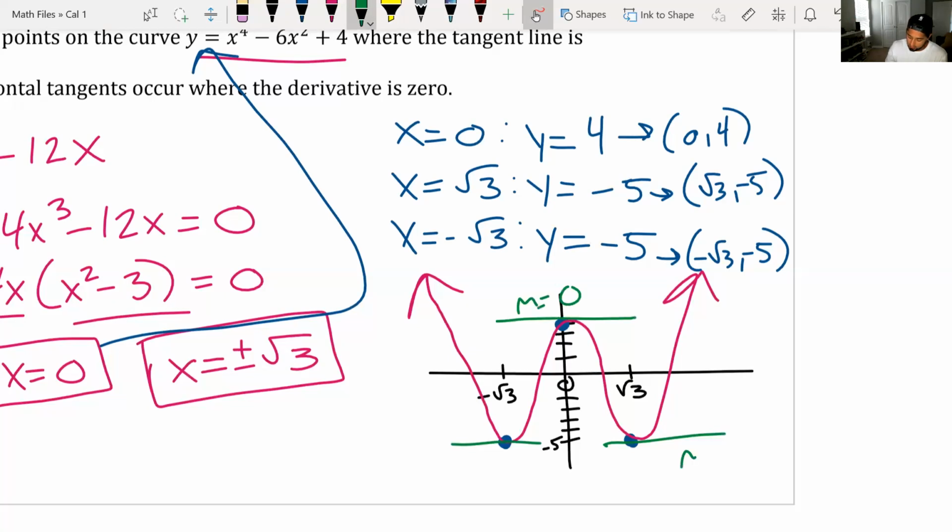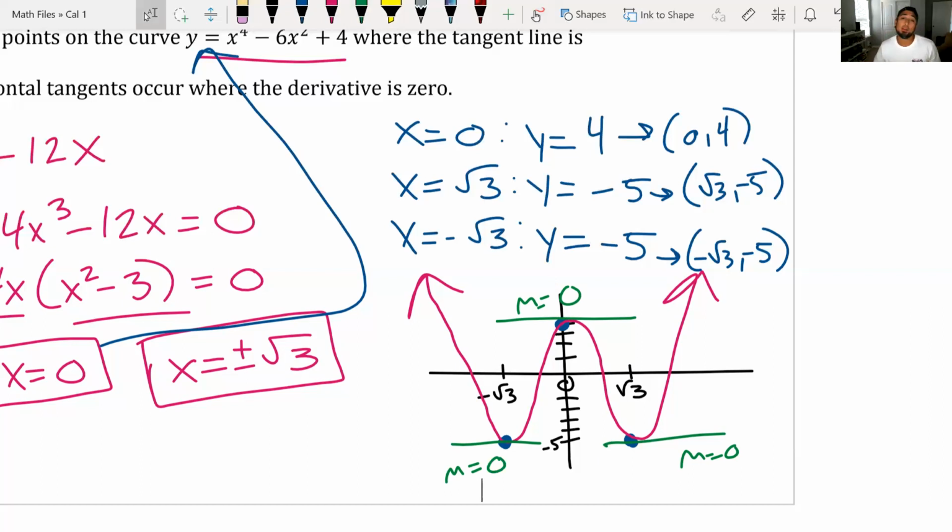M is 0. And that's what we found. We found the location of where these horizontal tangent lines exist. That's it.